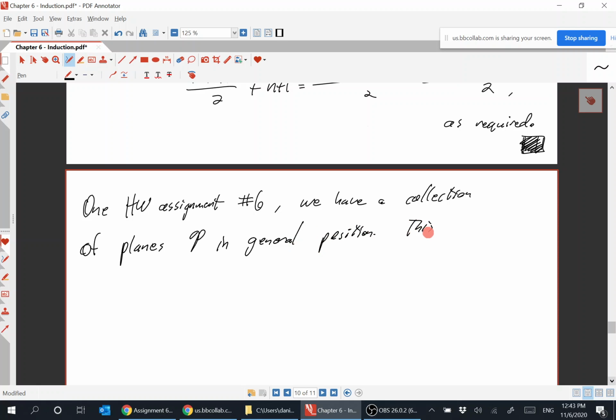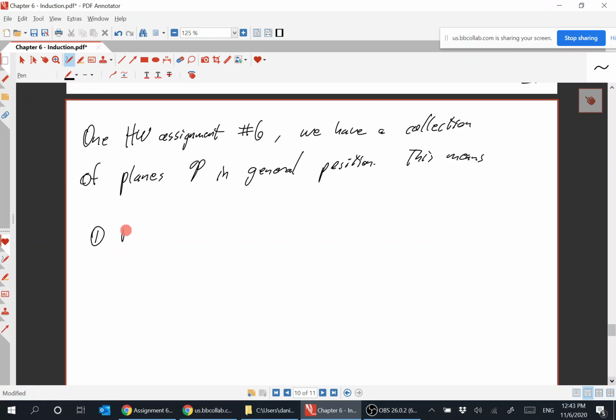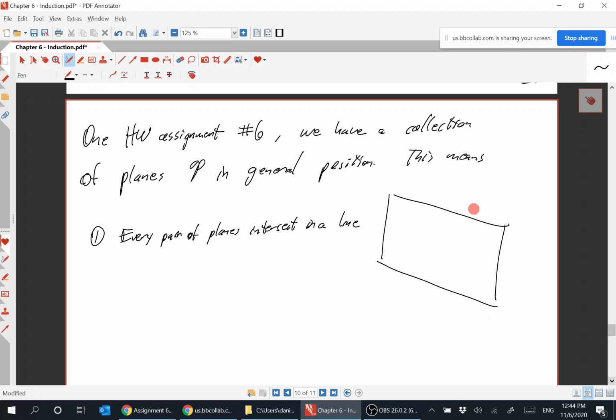Okay, so this means 1, every pair of planes intersect in a line. So planes in 3 dimensions, they can be parallel, of course, or if they're not parallel, then they must intersect. So here, these planes intersect in a line.